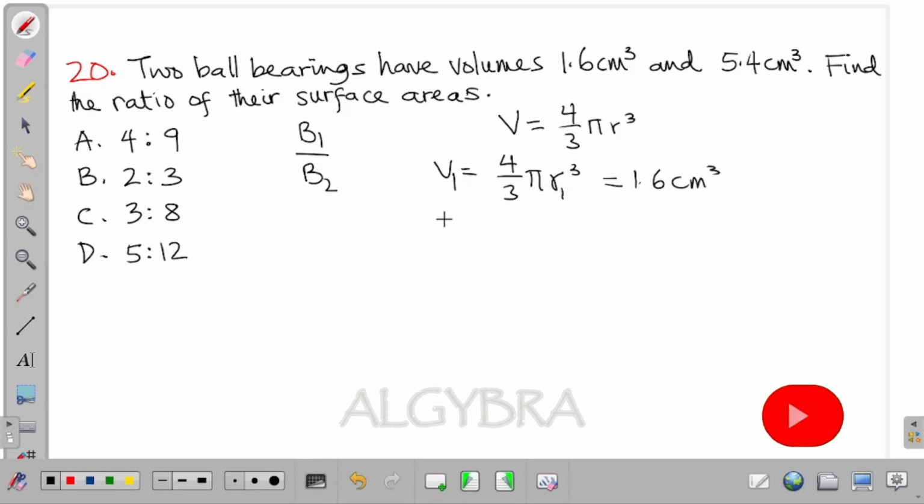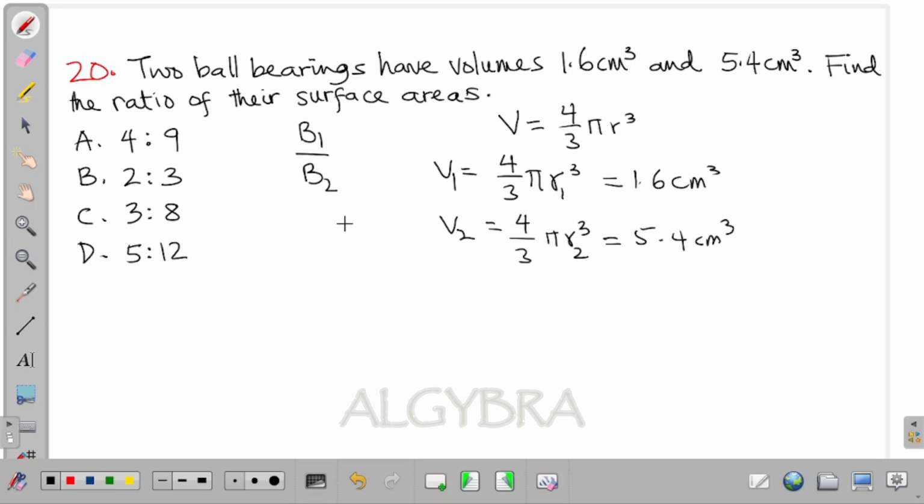The volume of the second ball, V2, is equal to 4/3 π r2 cubed, given as 5.4 cm³.